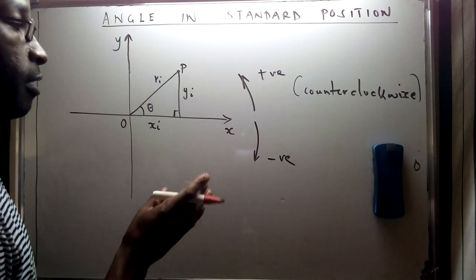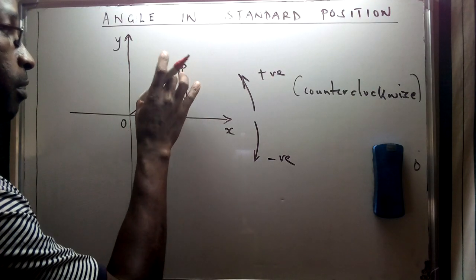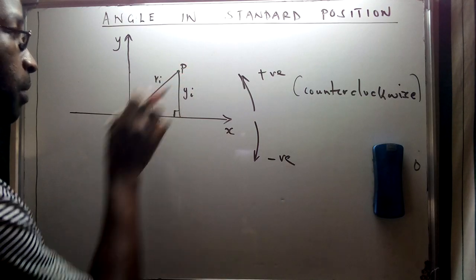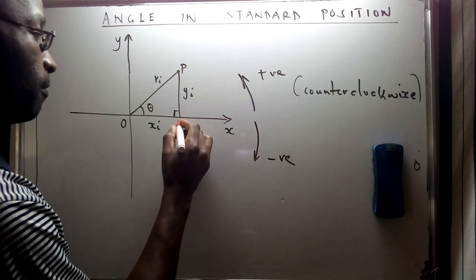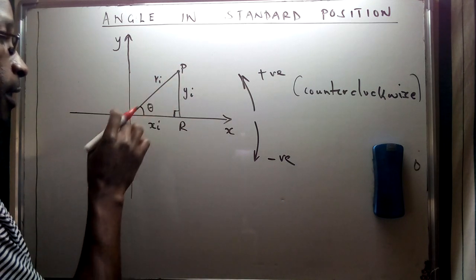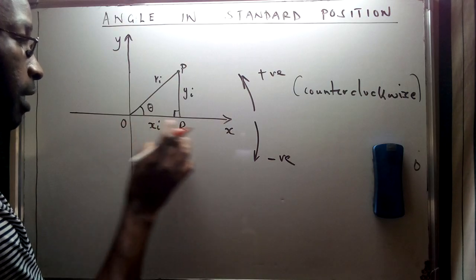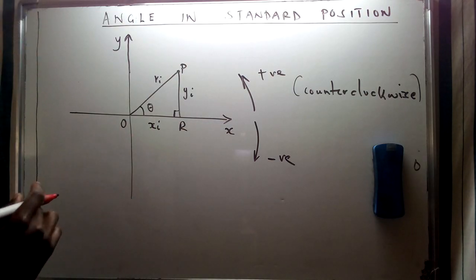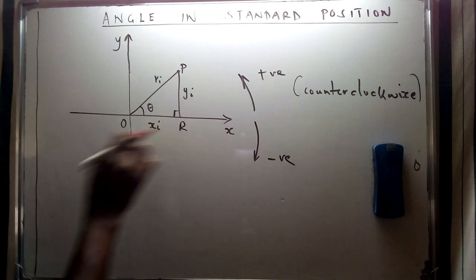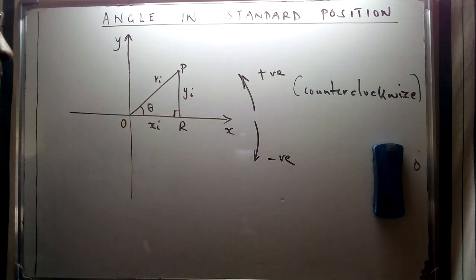It is a stretch from the x-axis to the terminal side. So OP is the terminal side, and if I give this point as R, then the vector OR lies along the x-axis. I've given the stretch OR as xi and the stretch RP as yi respectively.